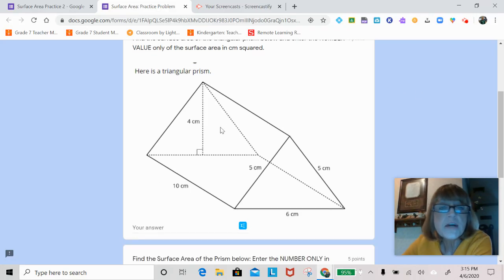First I need to say what shapes make up this box. I have two triangles, the first and the second. And they're equal because they're bases and they're across from each other. Bases are going to be equal in prisms or boxes. I have a front rectangle, see this one right here. I have a back rectangle over here.